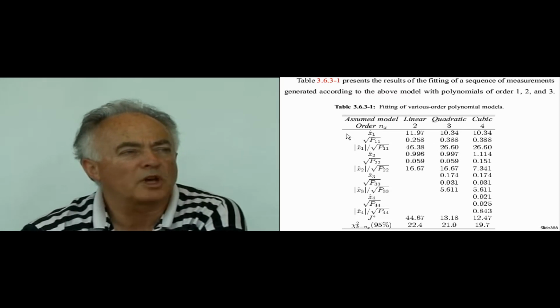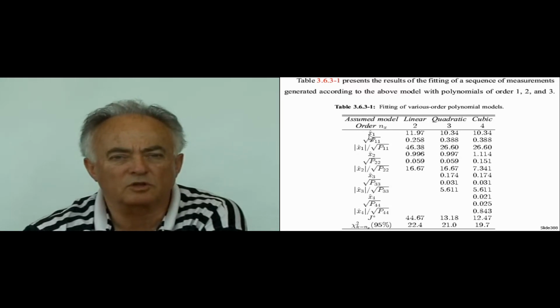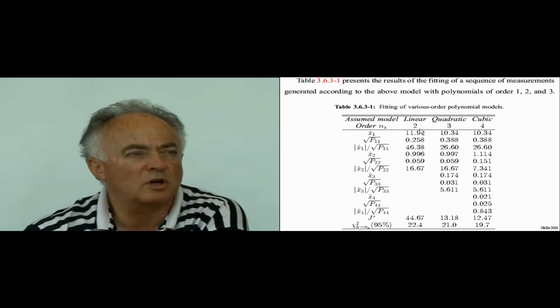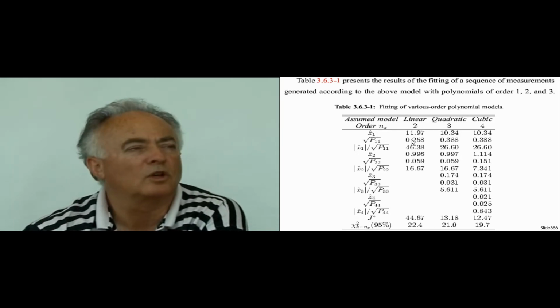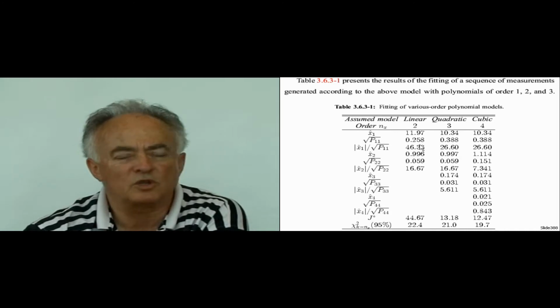And if we look at the results of the estimation from one single run, one single generation of those 15 measurements, assuming a linear model, a straight line fit, we get the estimate of x1 as 11, 12 almost, its standard deviation 0.2, and we look at the ratio between the estimated value in magnitude and its standard deviation, it is 46, way above 2.